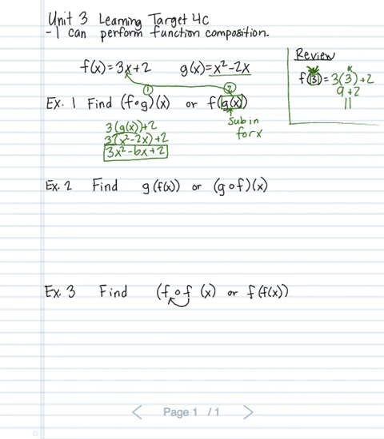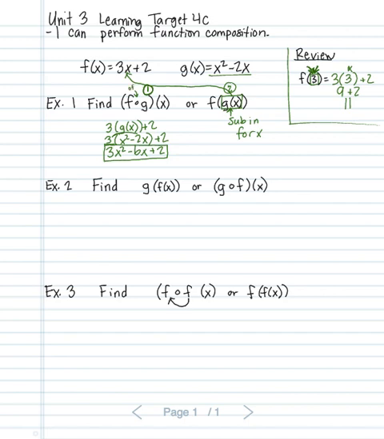So let's talk about the first way that this was written. This open circle, it's not a dot. The dot means multiply. This is an open circle. That open circle means of.